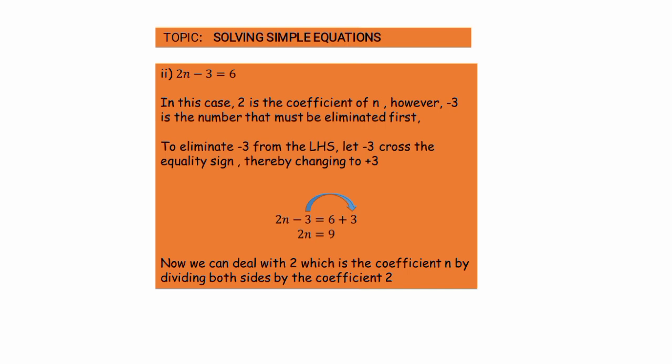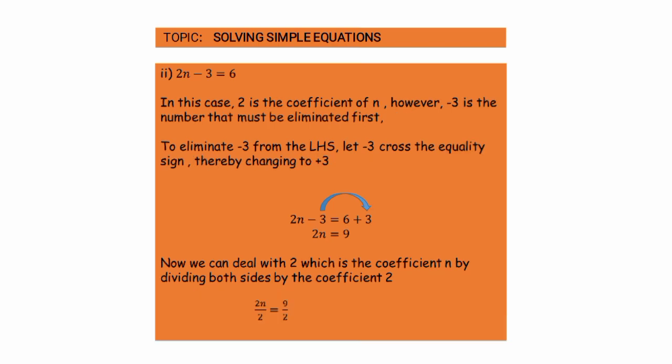Now we go to the coefficient of n, which is part of the problem of n in this equation. 2 is the coefficient. And the only way to relieve n from 2 is to divide both sides by the coefficient of the unknown. And the coefficient here is 2.